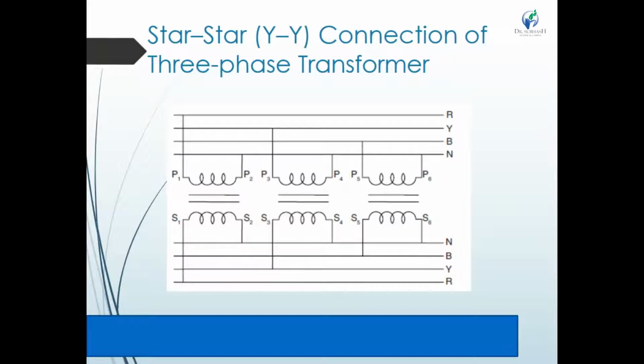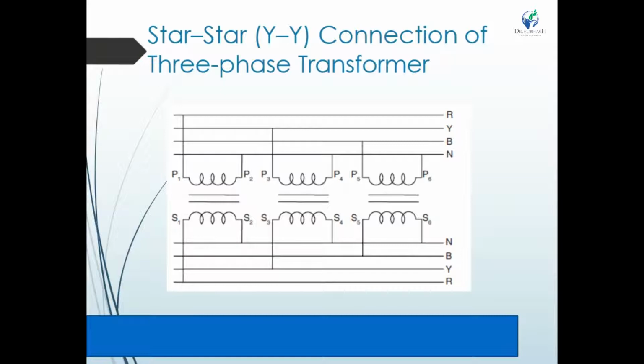This connection works satisfactorily only if the load is balanced. With unbalanced load, the neutral point gets shifted, making the phase voltages unequal. The problem of the neutral shifting is called oscillating neutral or shifting of the neutral.